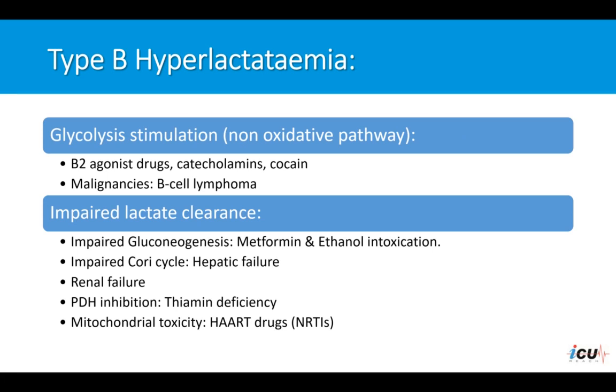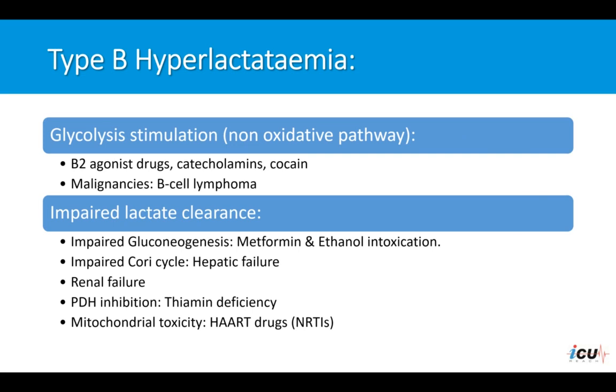If you rule out hypoperfusion, at that time you need to go with the differential diagnosis of what is causing the hyperlactatemia. It could be because of glycolysis stimulation. This can happen with any medication that has a beta-2 stimulation effect, such as the catecholamines. So patients who are on epinephrine, as we talked about in a previous talk, may have increased lactic acid.